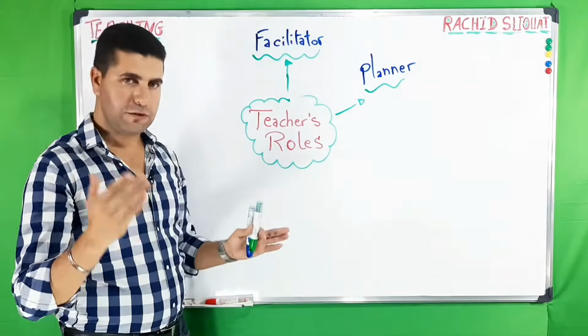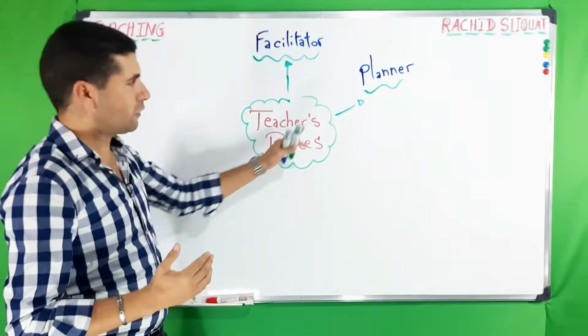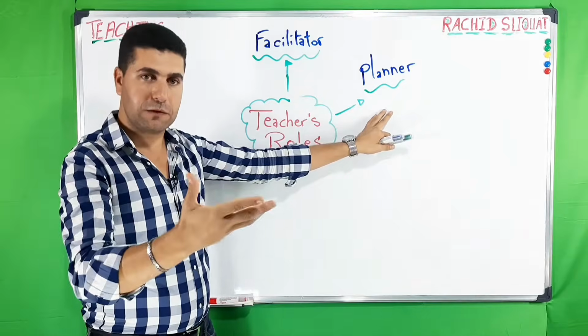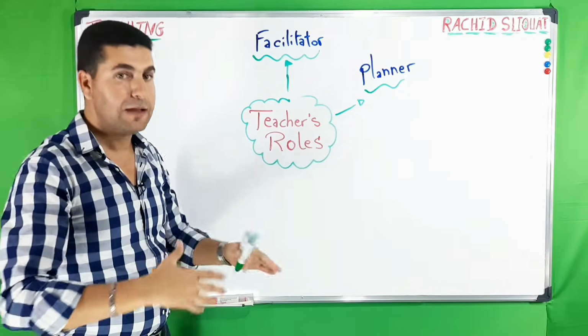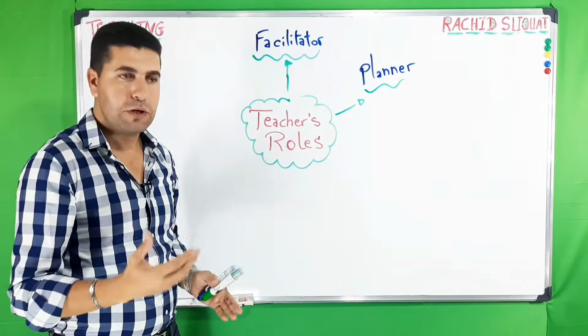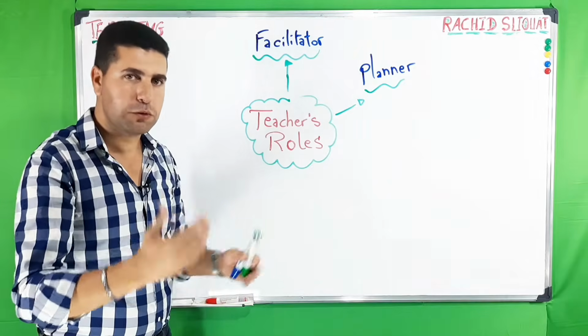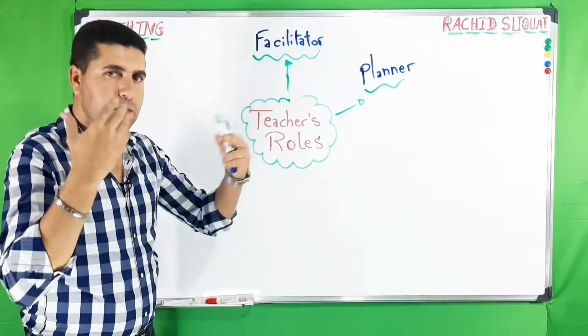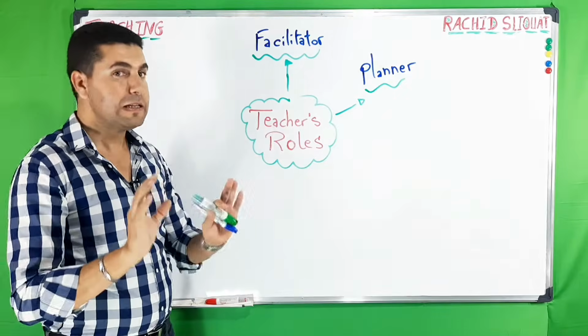So another role of the teacher is planner. So every teacher has to plan lessons, and planning as a roadmap gives you an idea about what you are going to do, and for sure you accomplish what you are supposed to accomplish easily, okay?